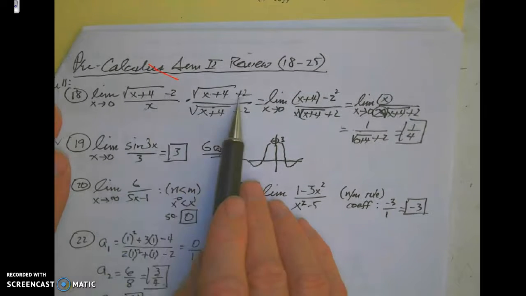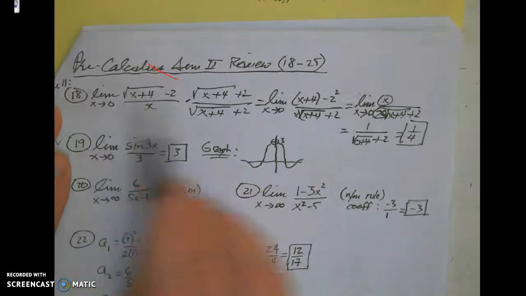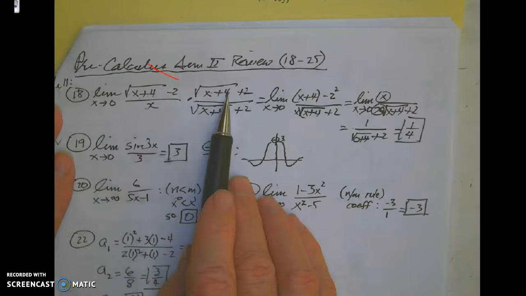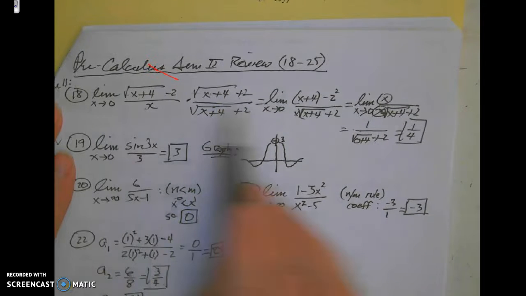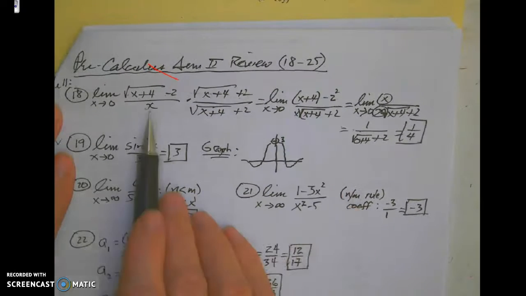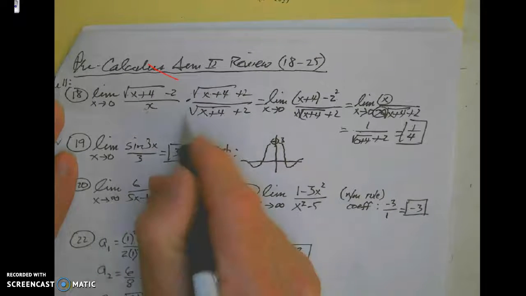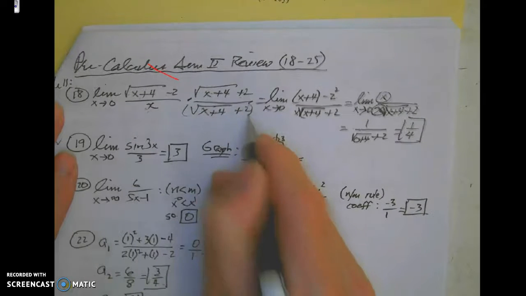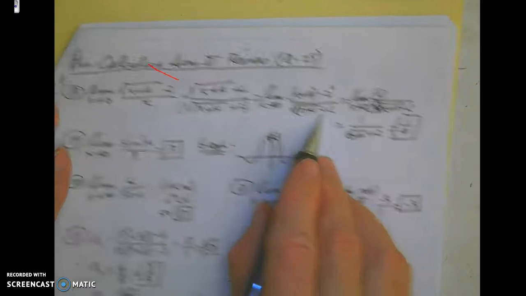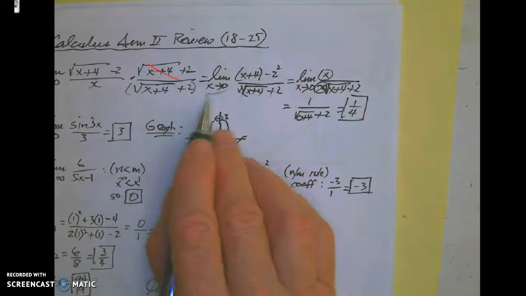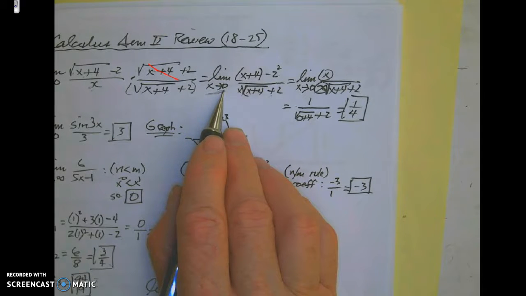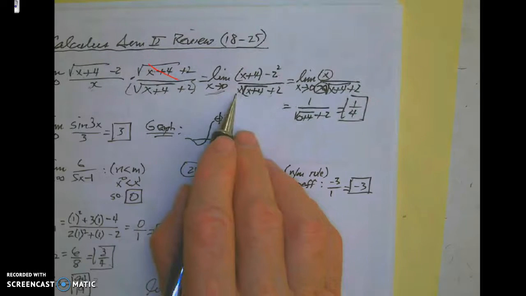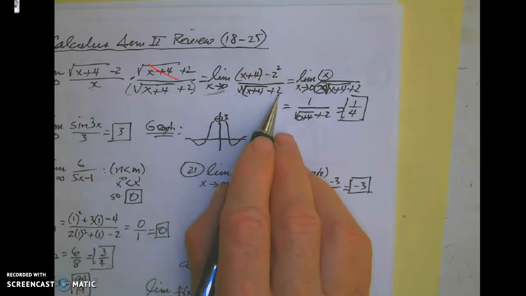Notice the minus 2 becomes a plus 2. I'm going to have to multiply these two out, stacking them with tic-tac-toe, and when I do, I get this value on top. When I multiply these out, I'm going to have x times this whole value right here, then I'm going to get this value right here. Don't forget to write limit notation, and then I can begin to clean it up. As I look at that, I can plug in a 0 here and a 0 here, but I've still got a 2 left over.